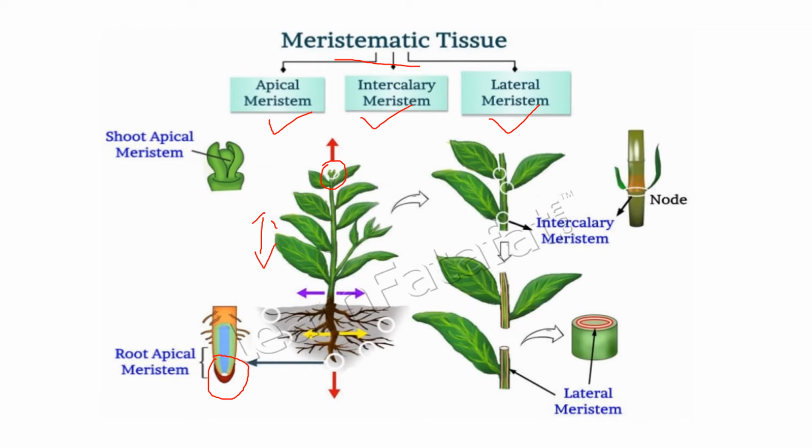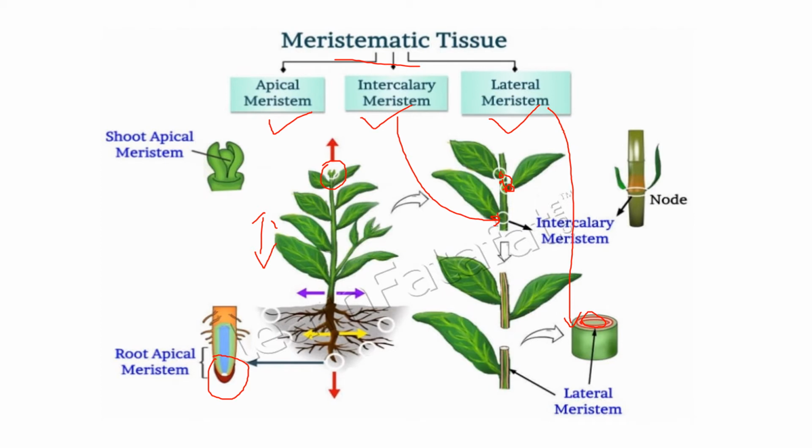Coming to the next, intercalary meristematic tissue is present at the nodes, from where the leaf starts, at the base of the leaf, at the internode. So it only increases the length of the internodes of the plant. And coming to the third type, lateral meristematic tissue is present at the side. You can see this red line over here.